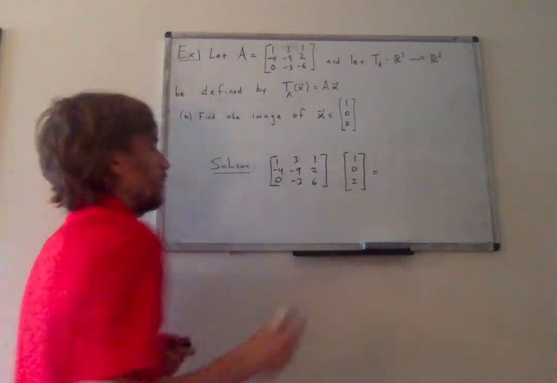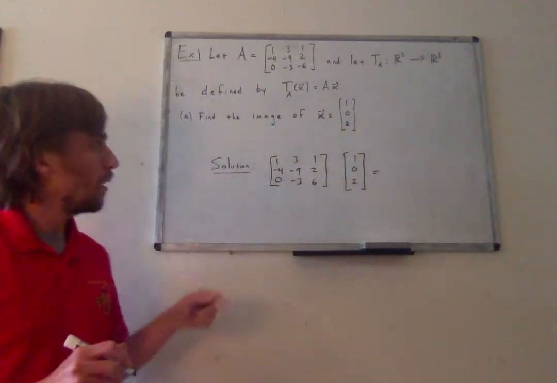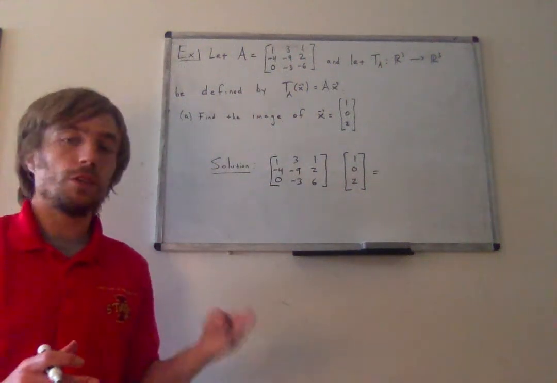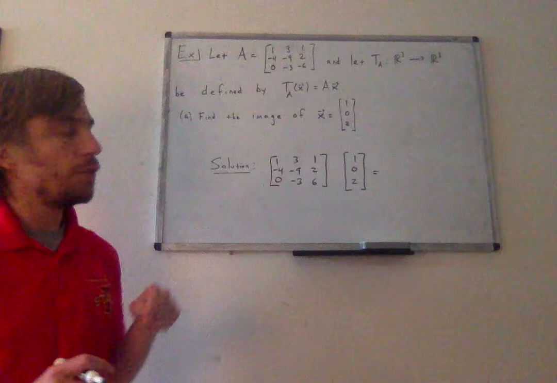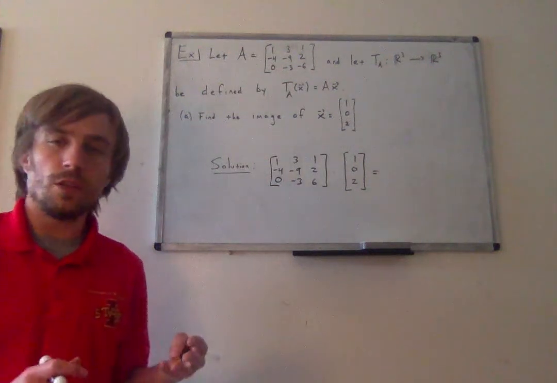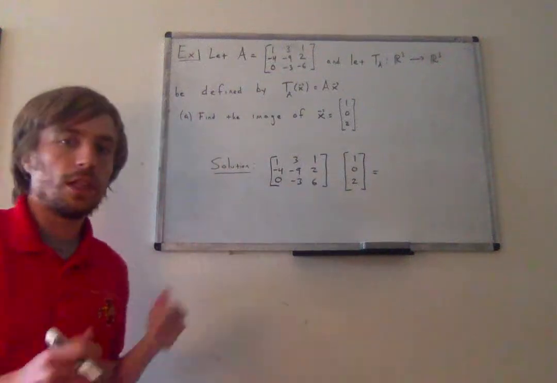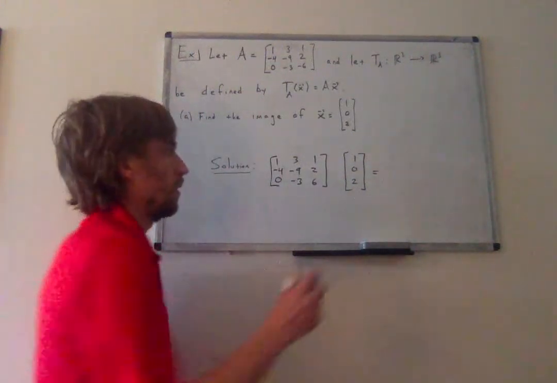Ooh, now I get to do some multiplication. And so notice here we should get a vector of length 3, given how we've defined our linear transformation, given that we know the dimensions of A. We're going to do the vector multiplication dance 3 times.